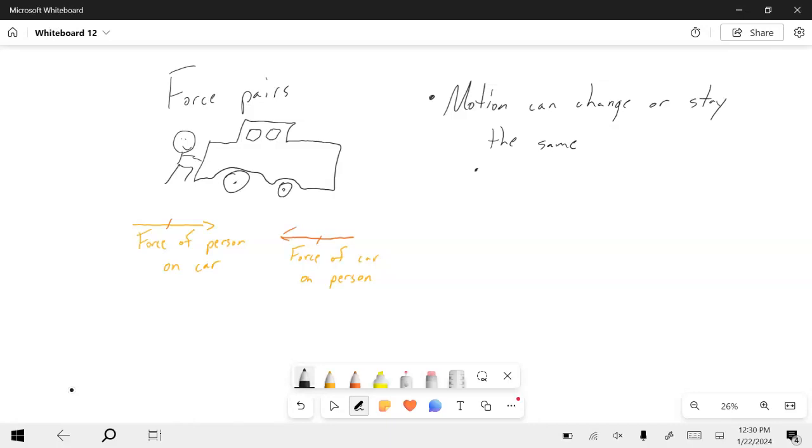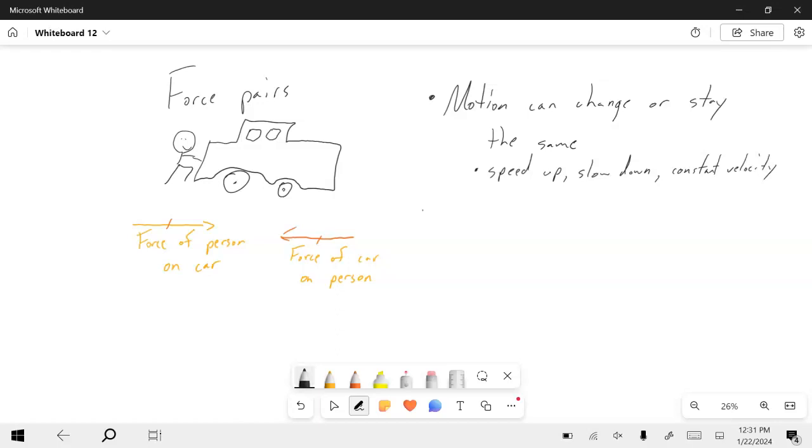That means that it could speed up, it could slow down, it could be at constant velocity. All right, any of those could happen. Balanced forces, it's going to stay doing what it's doing. Force pairs, it could do any of those changes.